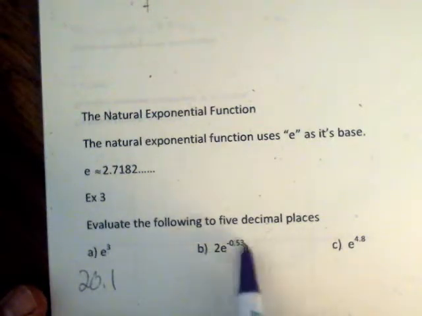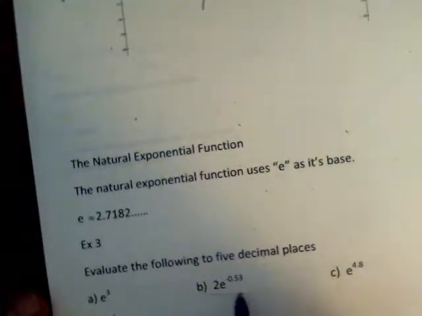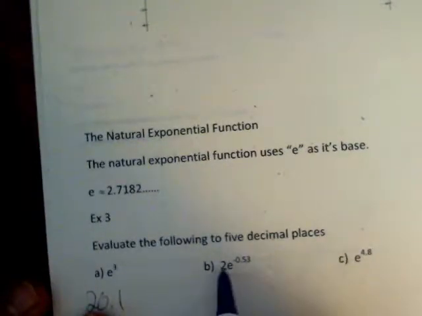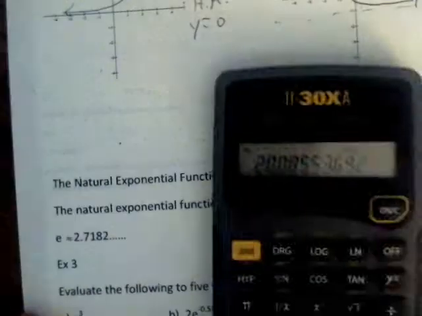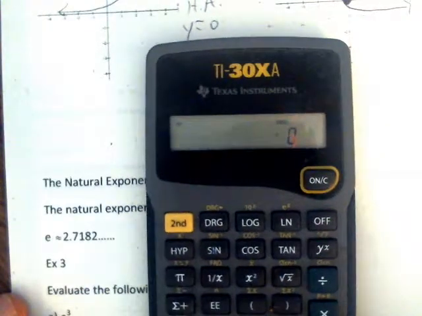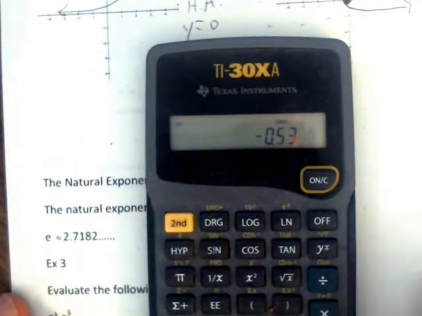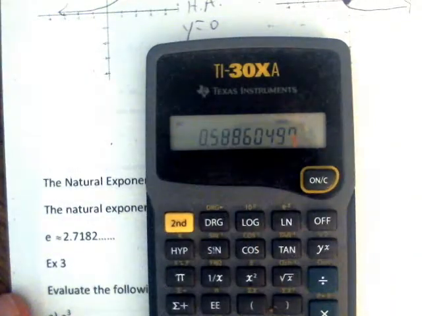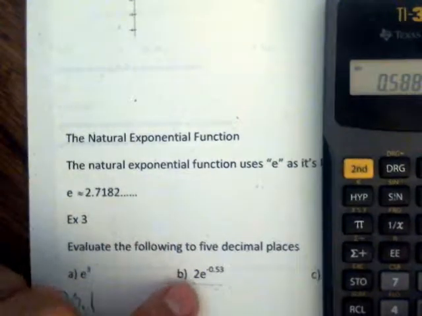Right here, this involves 2e to the negative 0.53. So if your calculator allows you to type in e to the exponent, then you type 2, pull up your e function, type in your exponent. For a calculator like this, I got to do it backwards. So I put in 0.53, I make it negative, hit my e function, and that's 0.588, and then I've got to multiply it by 2.